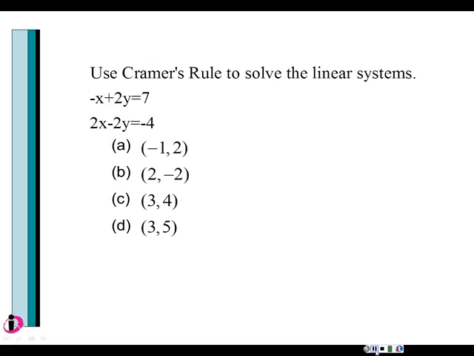So the first column will remain the same here, which is -1, 2. And the second column will be replaced by 7, -4. Now, if we solve these matrices, we'll be able to know the x and y.